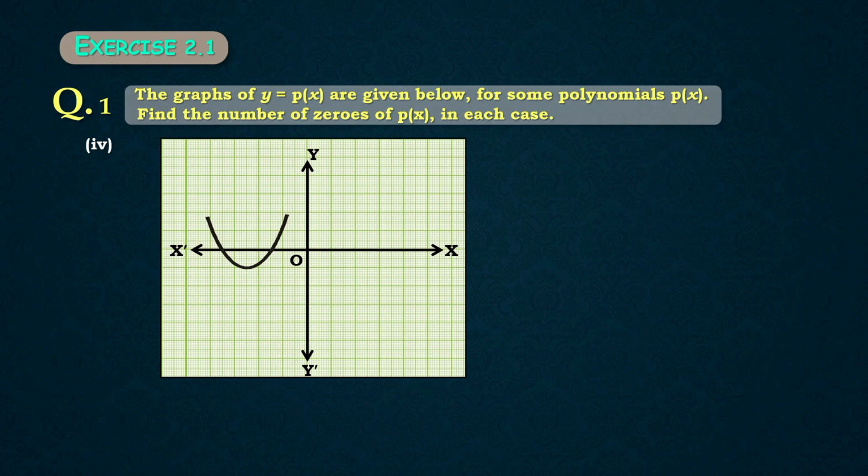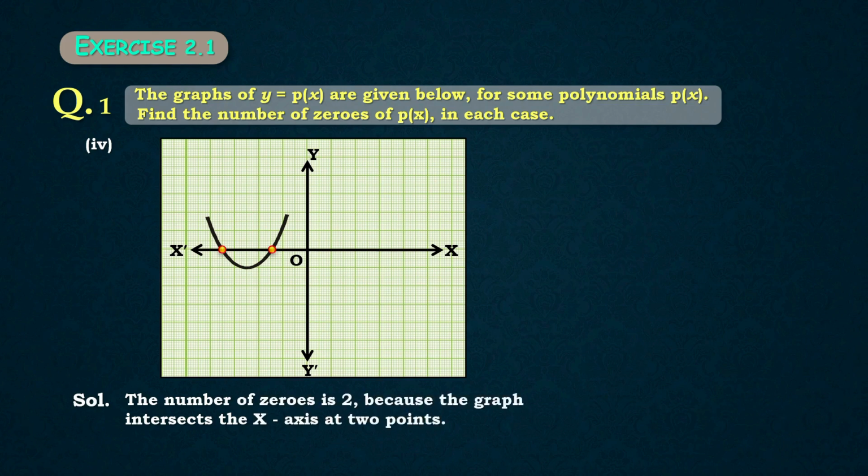The curve intersects the x-axis at 2 distinct points, which are clearly marked on the graph. At these points, the value of y becomes 0. Therefore, the polynomial has 2 zeros. So, the final answer is the number of zeros is 2 because the graph intersects the x-axis at 2 points.